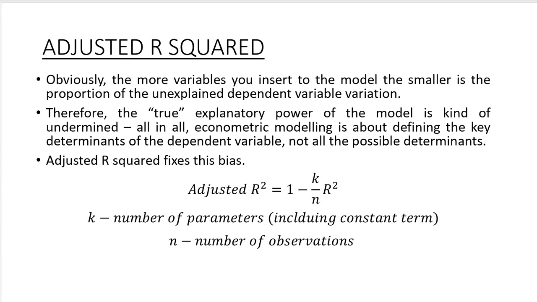It is calculated according to the following formula: 1 minus k over n times r², where k is the number of parameters or variables, and n stands for the number of observations.